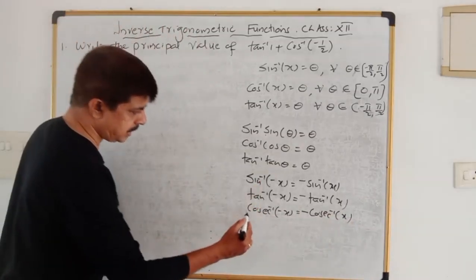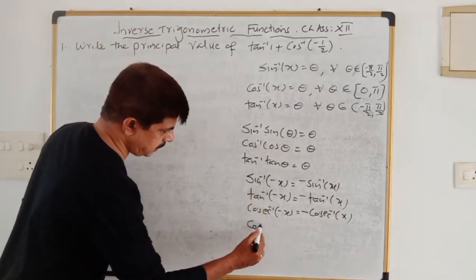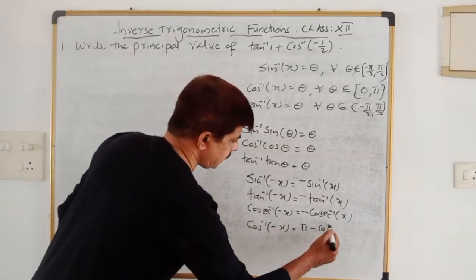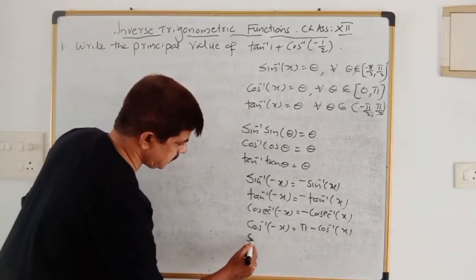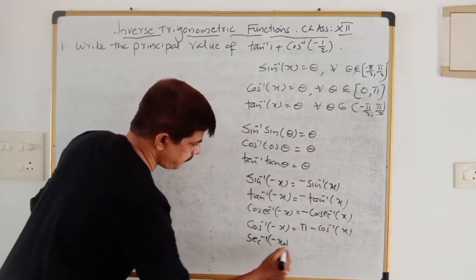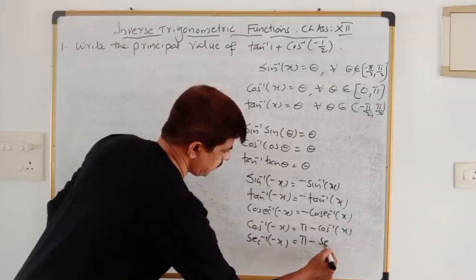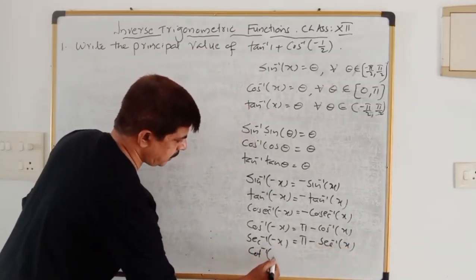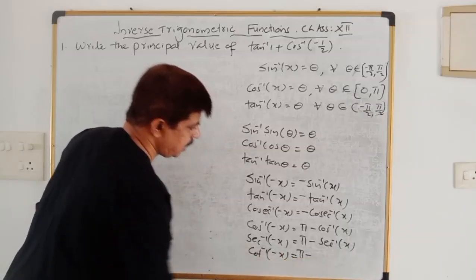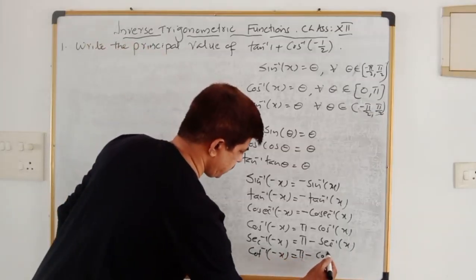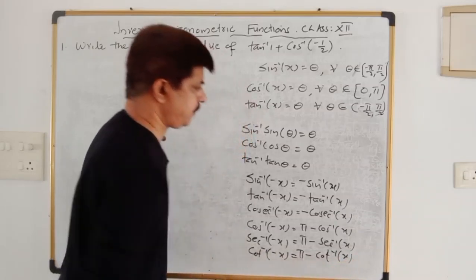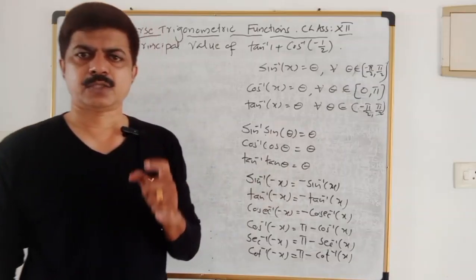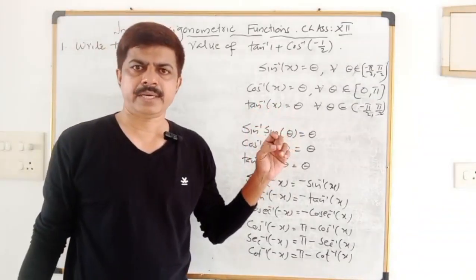For the other three ratios, cos inverse negative x is equal to pi minus cos inverse positive x. Sec inverse negative x is equal to pi minus sec inverse positive x. Then cot inverse negative x is equal to pi minus cot inverse positive x. These are some important substitutions to simplify trigonometric expressions involving inverse trigonometric functions.